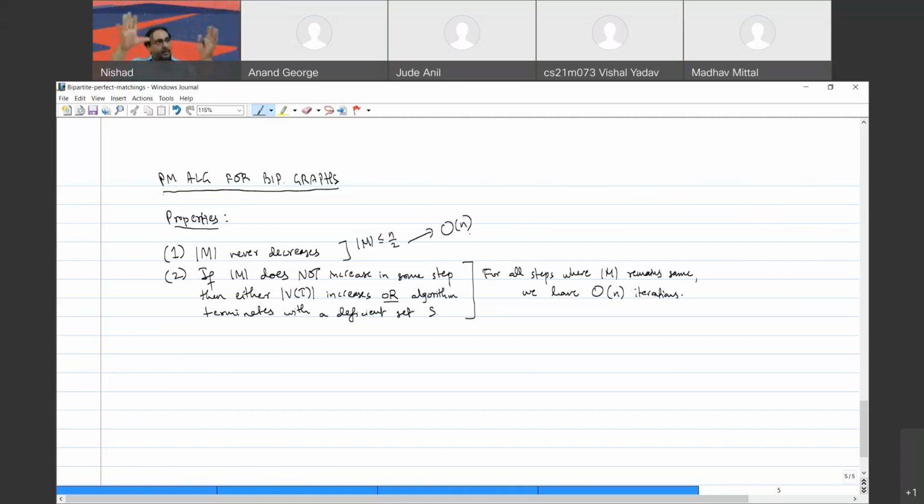So for all of these steps, we have at most order n iterations within that step. That's one way to think about it. So that tells us that this algorithm, well, let me just state it clearly. The time complexity is order n squared.